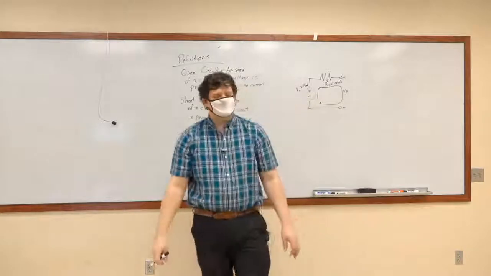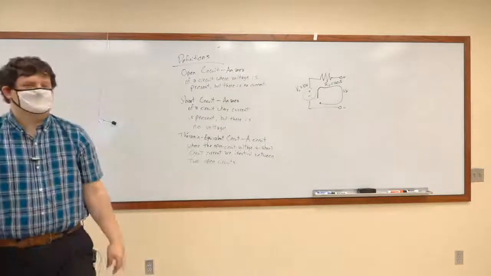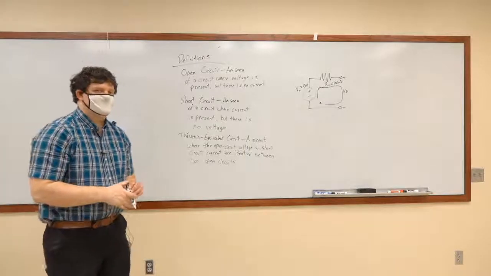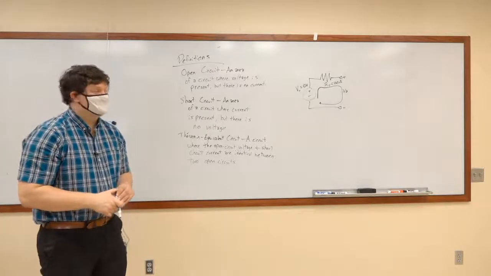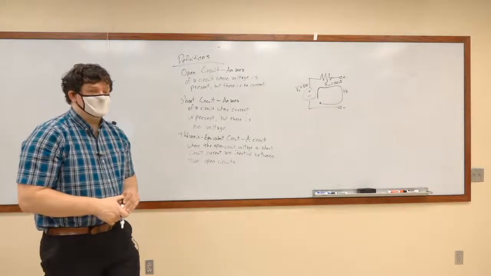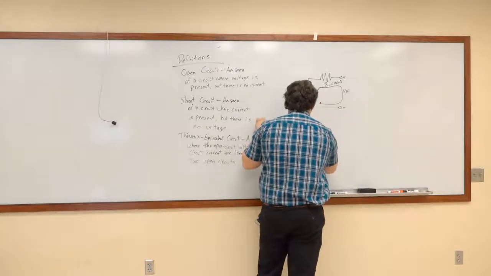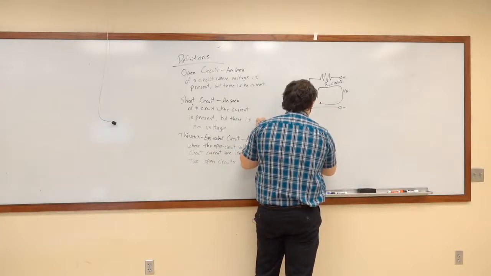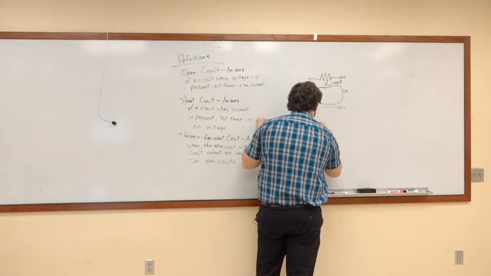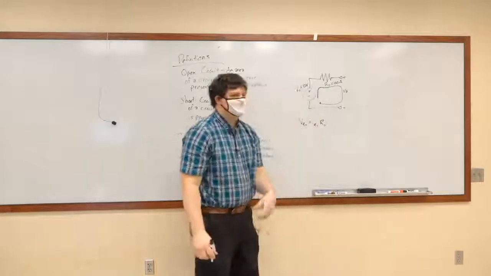How much voltage is going to be across RT? Do you have a guess? That's a reasonable guess. The issue is, let's play with Ohm's law a little bit. Okay? V_RT is equal to I_RT times RT. How much current is flowing through that resistor?